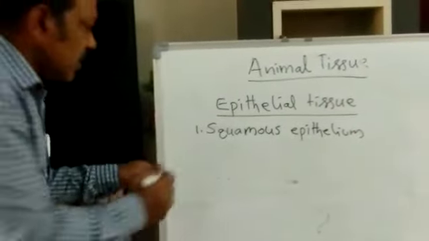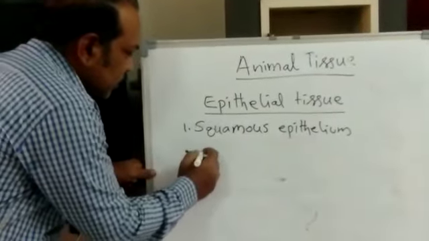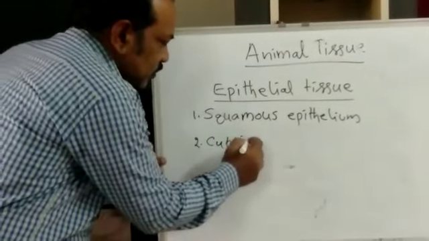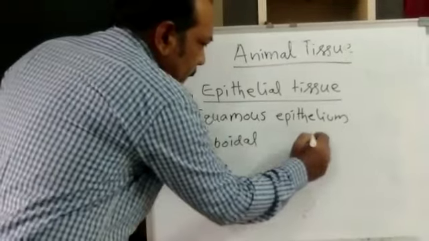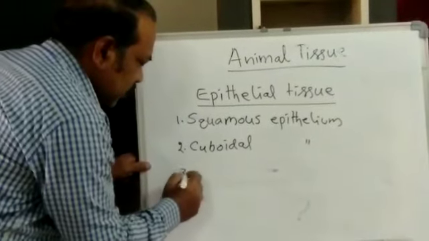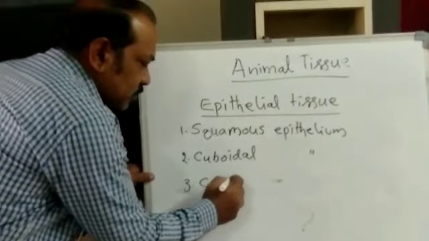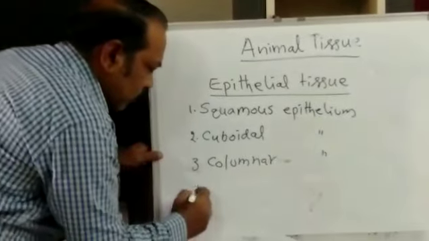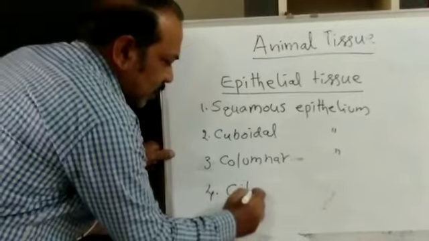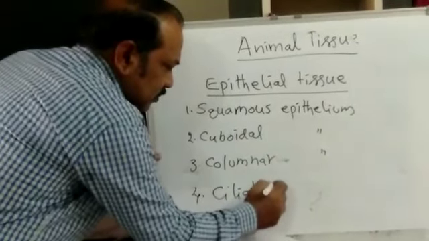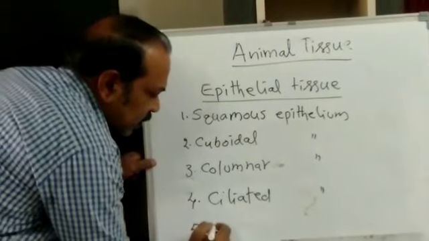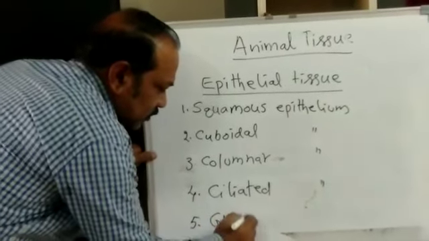Number 2, cuboidal epithelium. Number 3, columnar epithelium. Number 4, ciliated epithelium. And number 5, glandular epithelium.